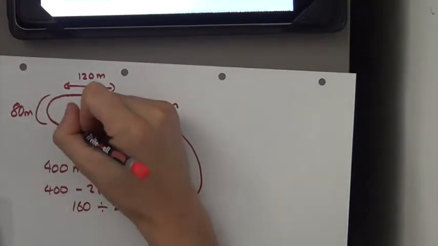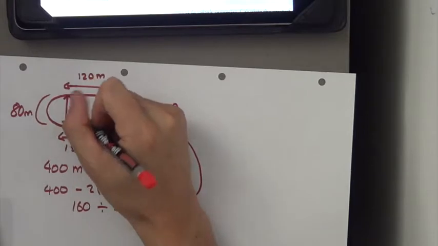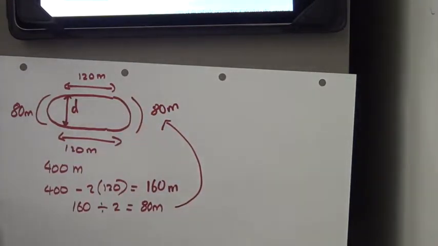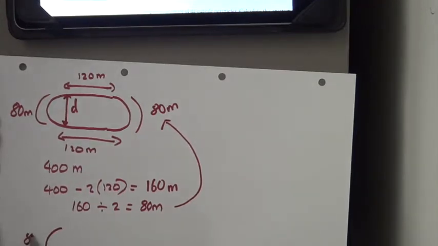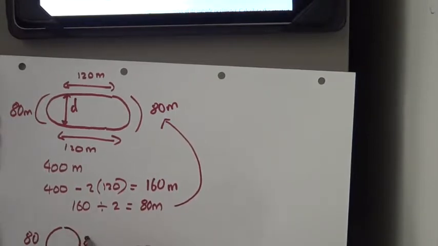Calculate D. So this is D, the distance between the parallel sections of the track. Now, we know that this is 80, one side of the semicircle, and then we know the other side is also 80.